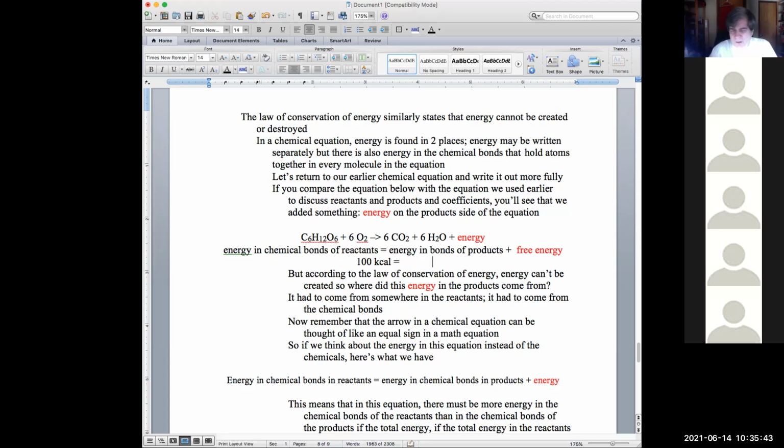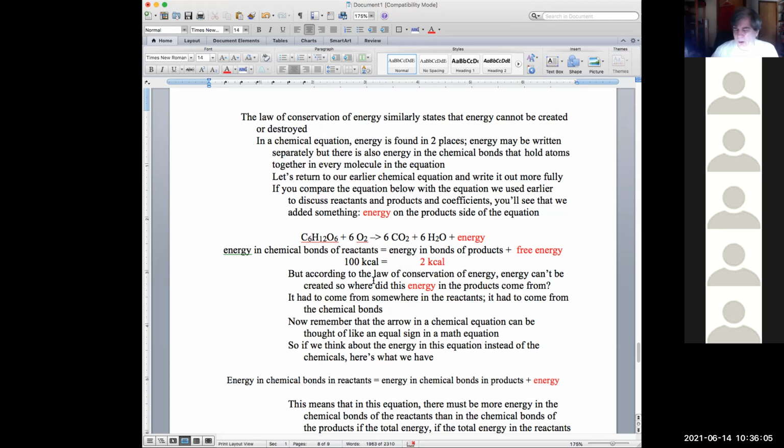So let's imagine for a minute that we're going to give off 2 kilocalories of energy as our free energy. How much energy has to be in the chemical bonds in the products?